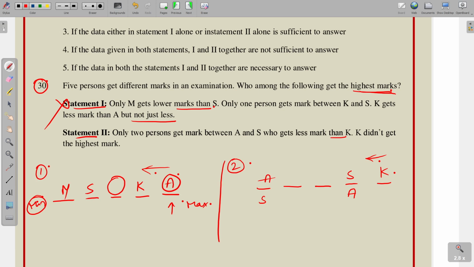K didn't get the highest mark, so K is not placed here. Maybe K is placed here or here. So we don't know where we can place this person. So the second one is also not the answer. So what is the answer? Data 1 and 2 together are not sufficient to answer.